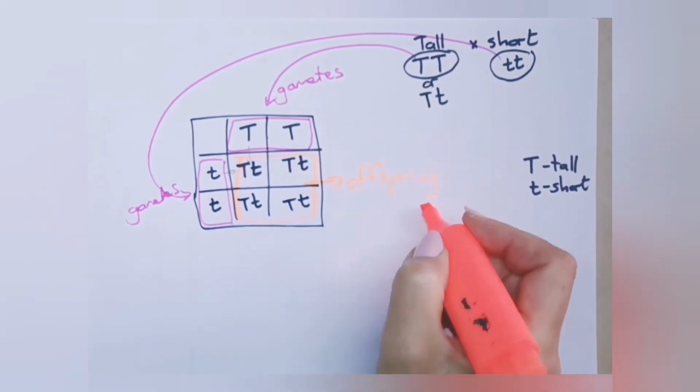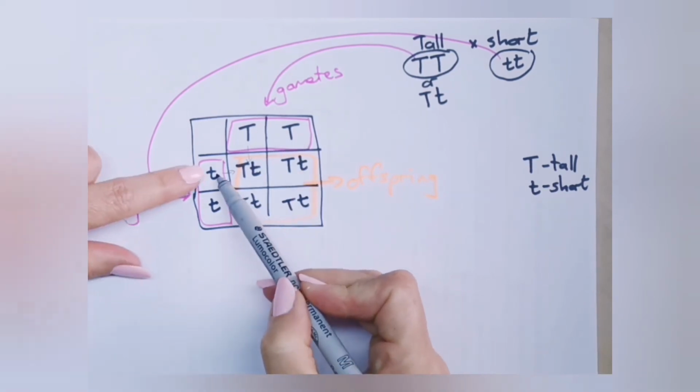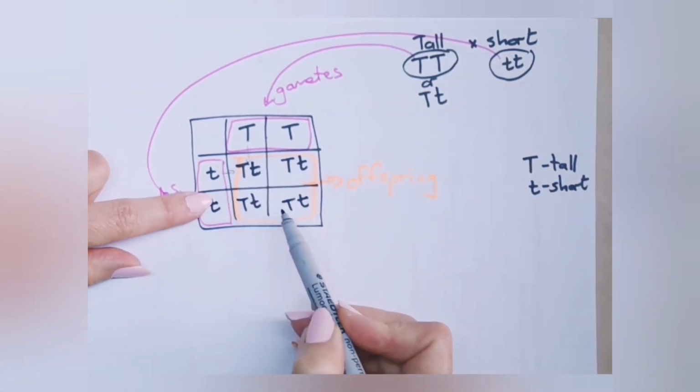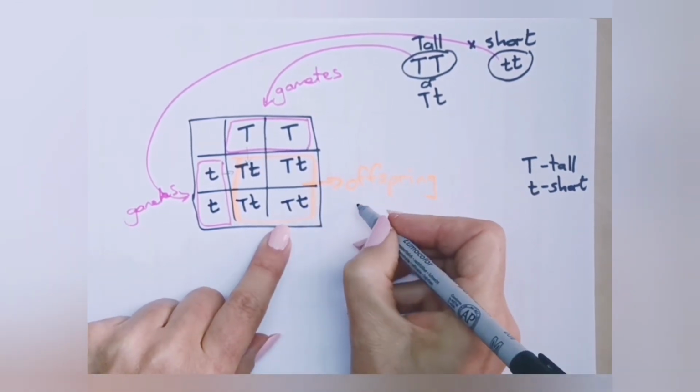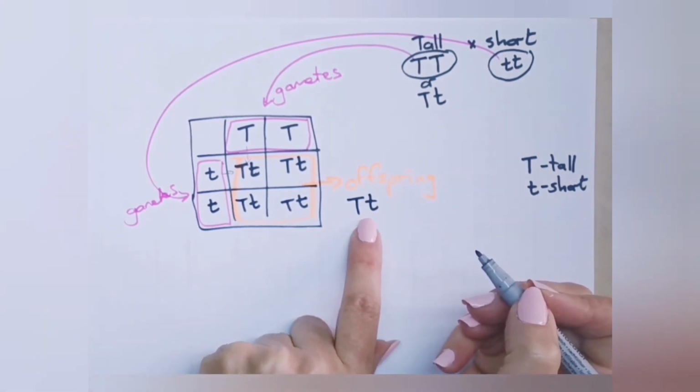And now with Mendel's first crossing of a tall plant with a short plant, all the offspring received this combination. So all the offspring had in their cells a big T and a little t. Now, what does this plant look like?